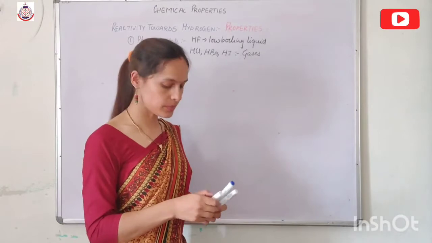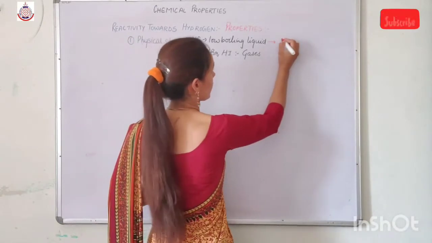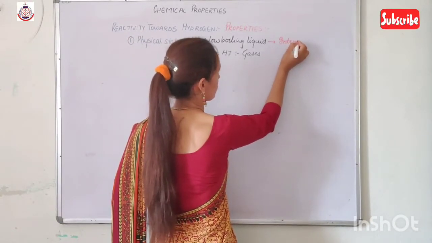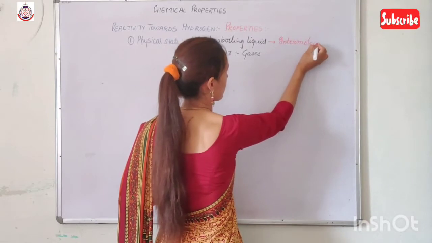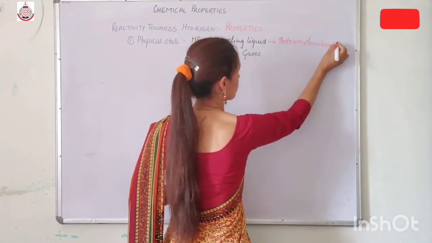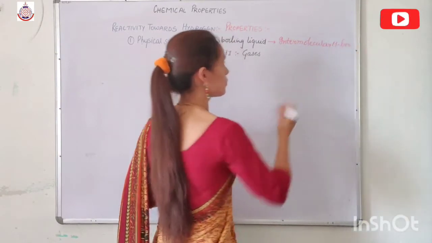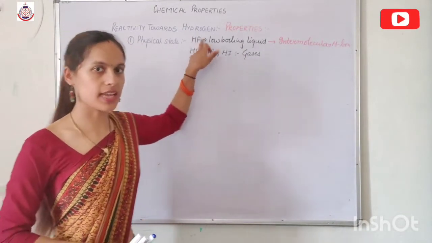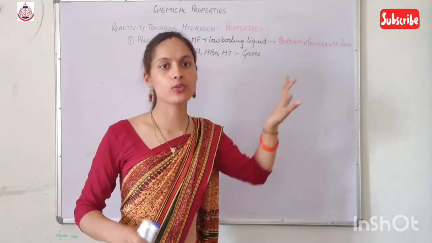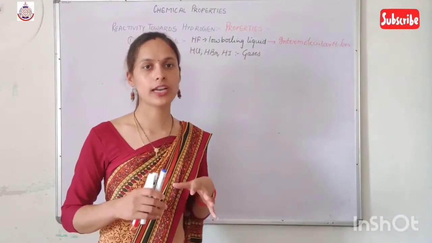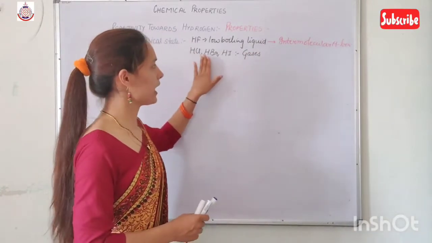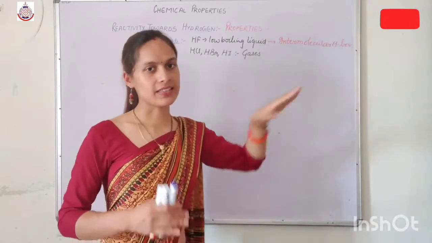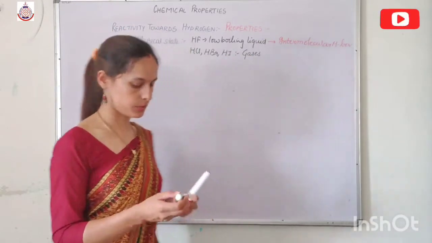The reason behind this is intermolecular hydrogen bonding. Due to intermolecular hydrogen bonding, HF exists as a low boiling liquid, but due to the absence of intermolecular hydrogen bonding, HCl, HBr and HI are gases at room temperature.